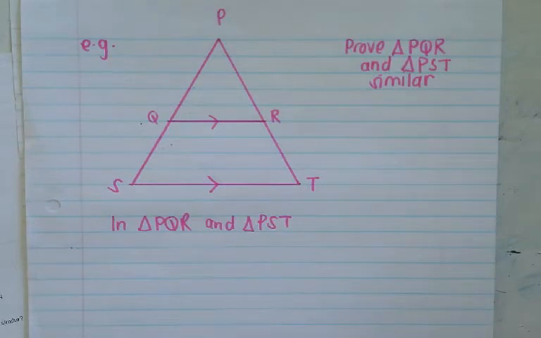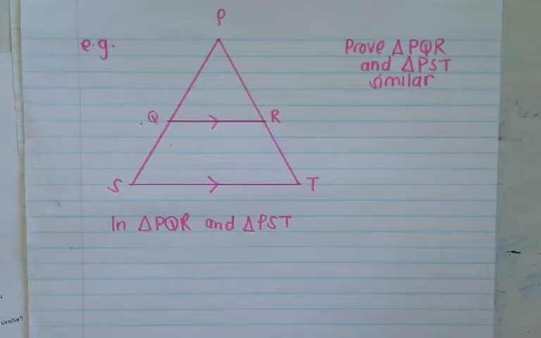Anyone want to say start for us? Okay, Keenan? Triangle PQR. You mean the angle PQR? Yeah, okay. PQR is equal to PST, and these are co-interior angles.